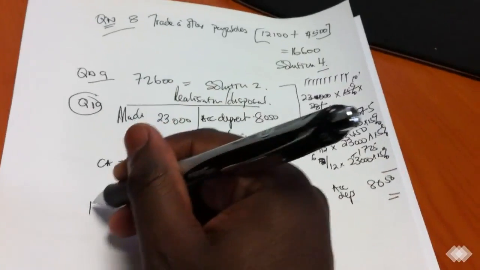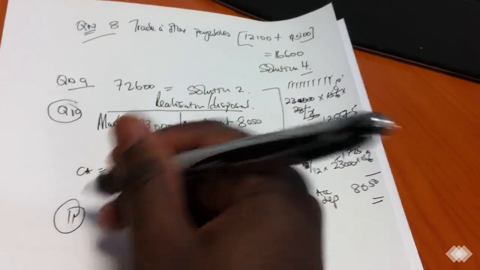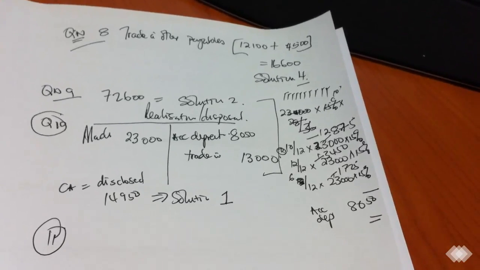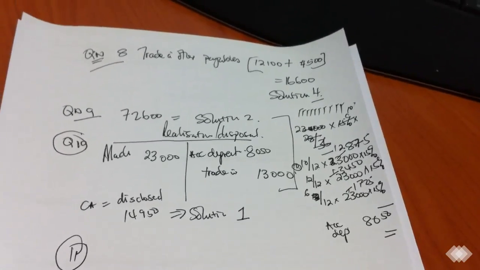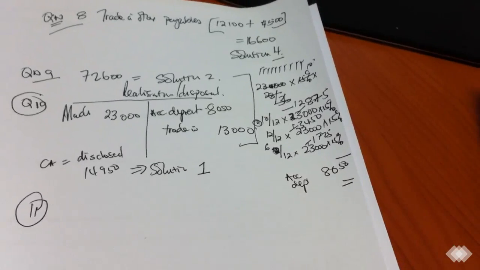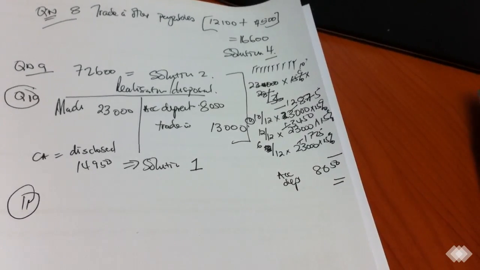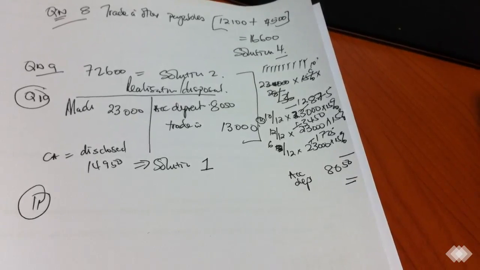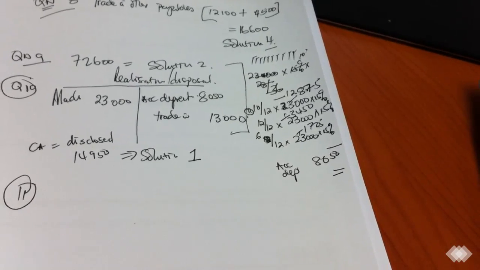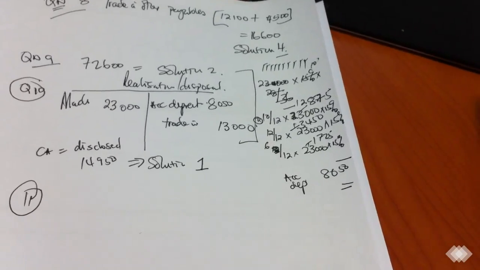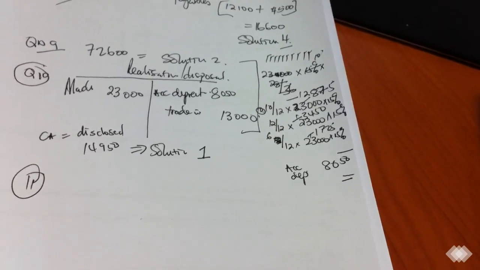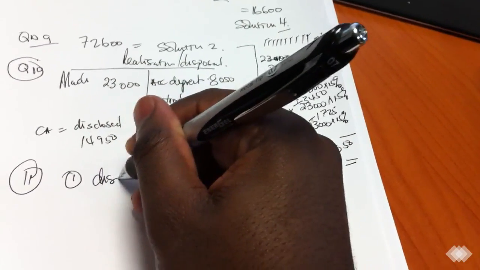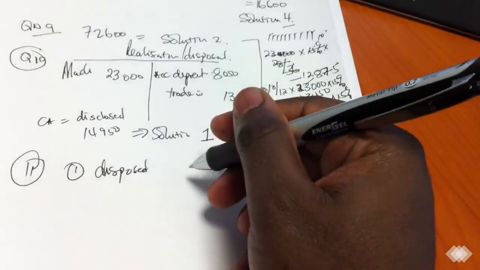Solution 1, we got question number 11. Assume depreciation is that for the machinery that was disposed. So we have depreciation of 3 items. We're given 1, the disposed machinery.